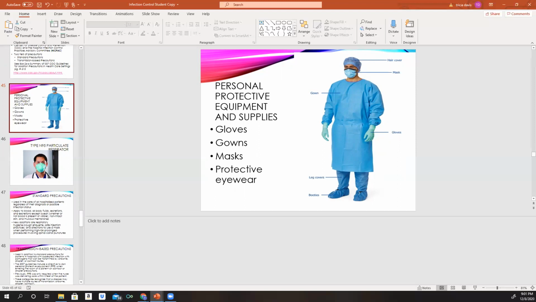The PPE includes gloves, gowns, masks, and protective gear. Gloves are not a substitute for good hand hygiene. People often assume, oh, I have gloves on, I'm covered. No, you're not. They're worn only once and discarded appropriately according to the facility policy where you work. Then your hands are thoroughly decontaminated and meticulously cleaned, okay, good hand hygiene.